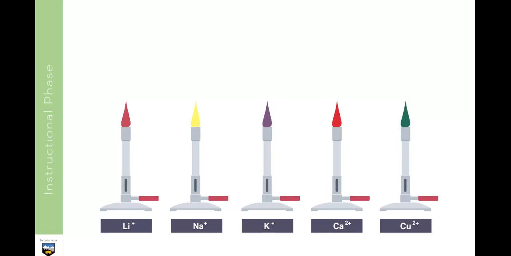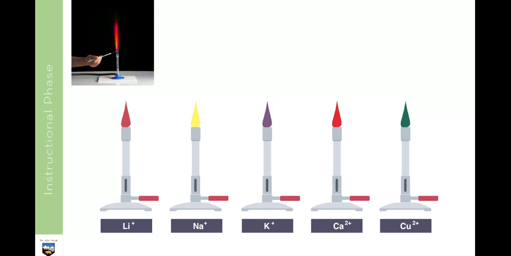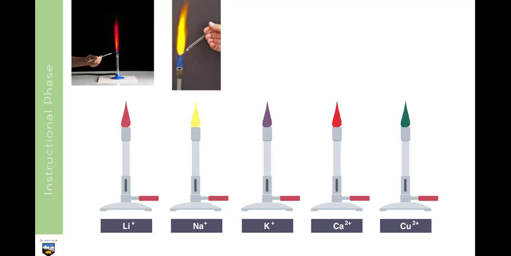So there are 5 different flame colours you need to remember. So lithium. Lithium gives a bright red flame, sometimes called a crimson red flame. Sodium gives a bright yellow flame, and sodium ions are actually used in street lamps, in the inside gases of street lamps, and that's why it gives out a yellow glow.